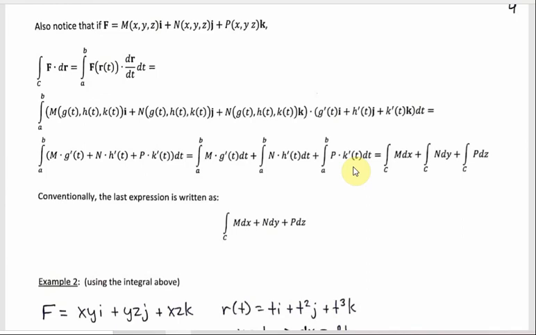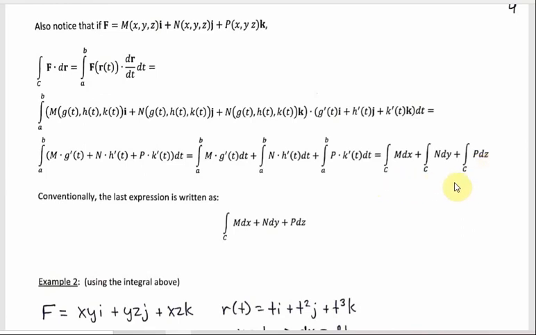And the reason for doing that is that g prime of t dt is just dx. Because if x is g of t, then dx/dt is g prime, or dx is g prime times dt. So this is written as three separate integrals to be able to say, oh, well, g prime of t dt is dx, h prime of t dt is dy, and then k prime of t dt is dz.